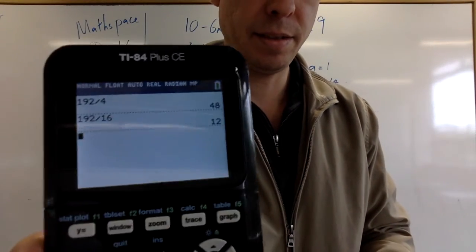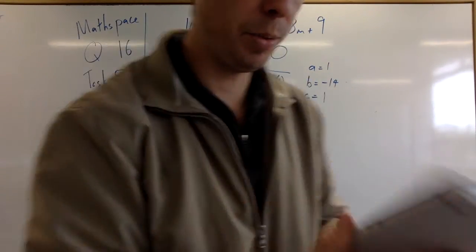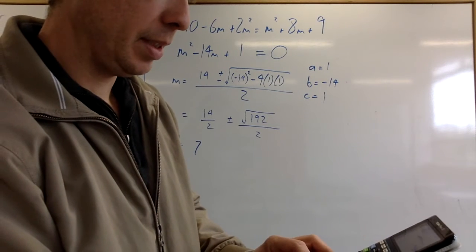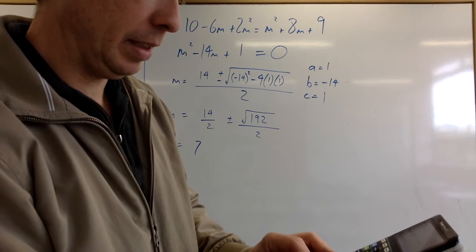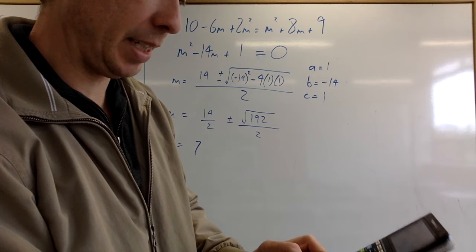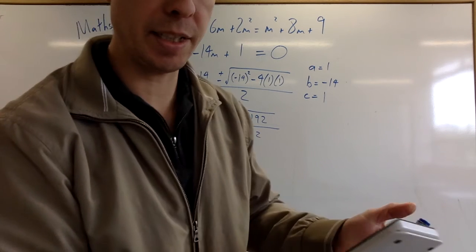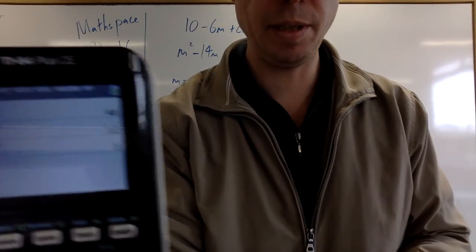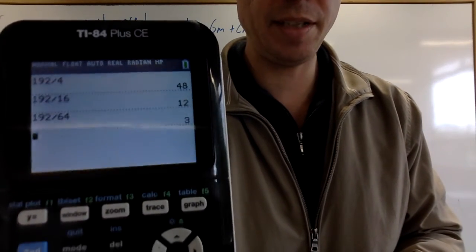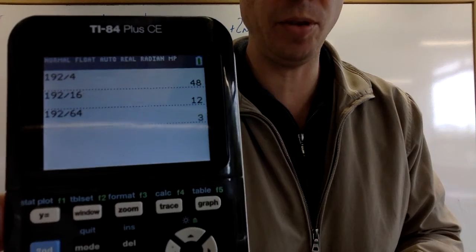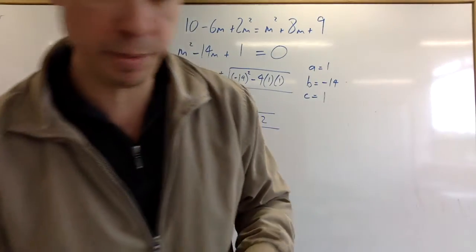Yeah, it does. 12. There's still a square number in the 12. Does 192 divide by 64? I know not to check the odd numbers. So why have I tested a 4, a 16 and a 64? Because they're squared numbers. Let me show you what I mean.